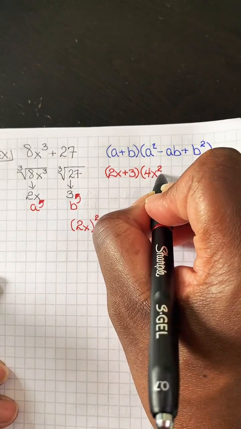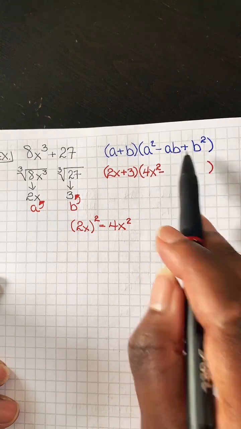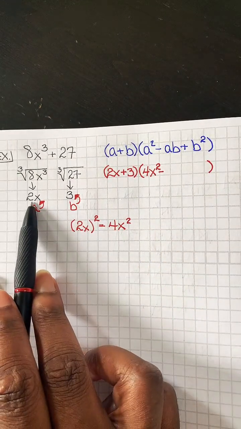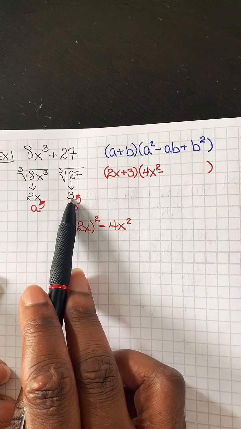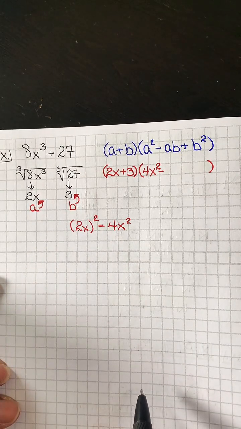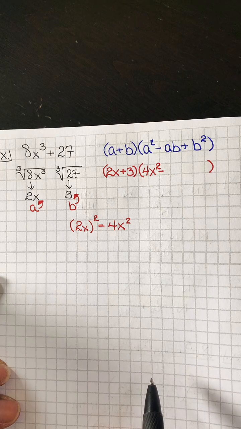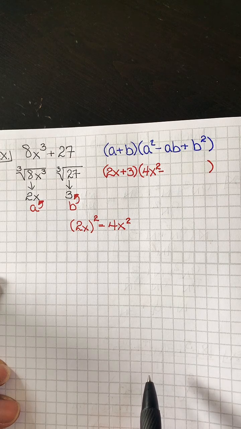Now, minus my AB. AB means A times B. So what's 2x times 3? Okay. Well, Janine, you're always welcome here. We're going to break concepts down.